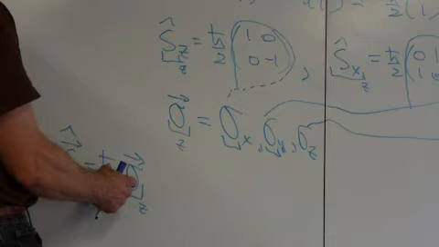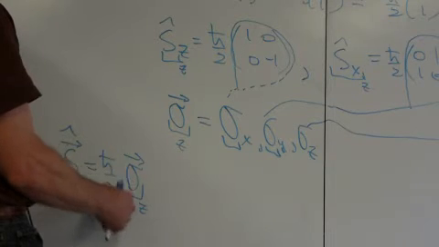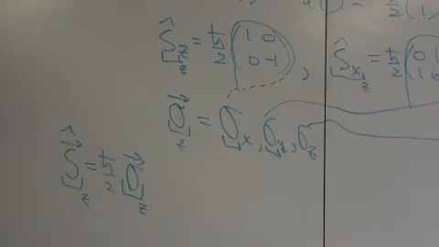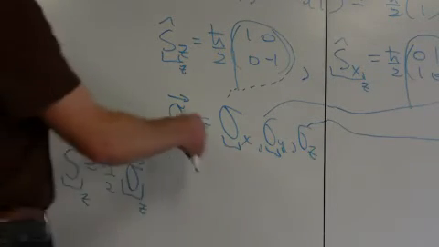You see that? You just factor out ħ/2, and then I let it equal the vector. I'm combining these component matrices into a total vector. This is the x, the y, and the z component.